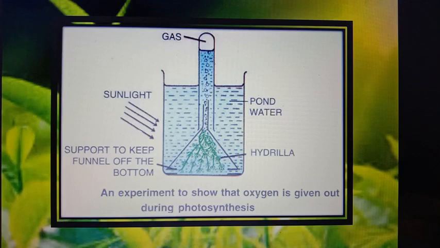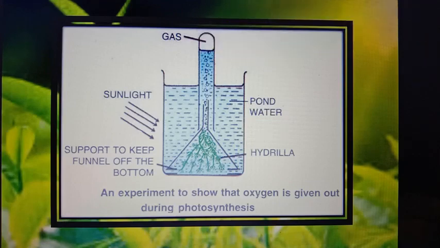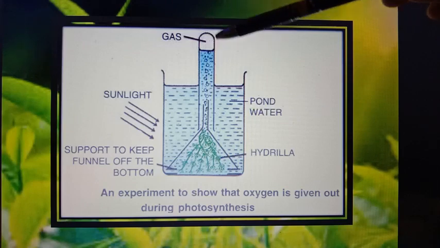In the shade also these air bubbles can be seen, but a little bit less than in sunlight. But in the dark condition you can't see any gas bubbles here.